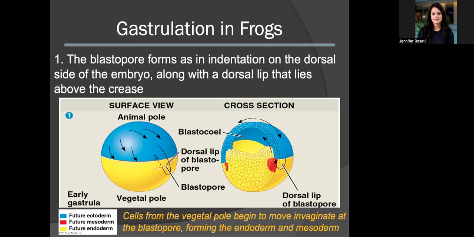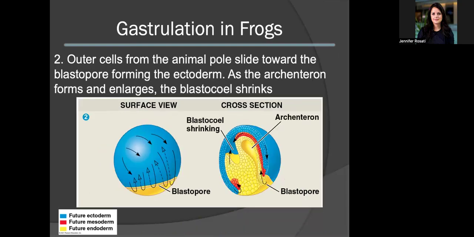Cells from the vegetal pole begin to move in and invaginate at the blastopore. This leads to the formation of endoderm as well as mesoderm. Note the presence of the blastocoel in the animal pole. Outer cells from the animal pole will then begin to slide toward the blastopore, forming the ectoderm.